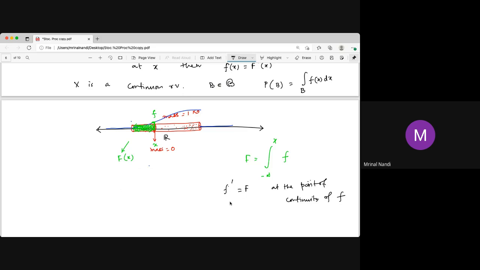Otherwise, if it's not a point of continuity, the derivative may not exist. If it is not continuous, then F dash x does not exist. So once F dash x does not exist, how do you write F dash x is equal to small f? But capital F exists for every x, while in some x the derivative may not exist. At a point of discontinuity the derivative does not exist.